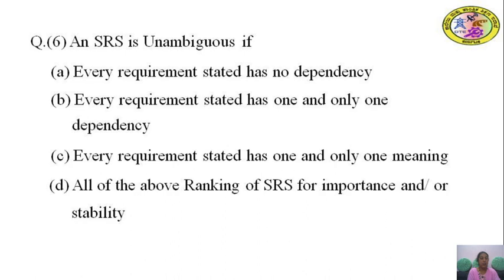D. All of the above. What is the answer here? Yes, the answer here is option C. An SRS is said to be unambiguous if every requirement stated has one and only one meaning.